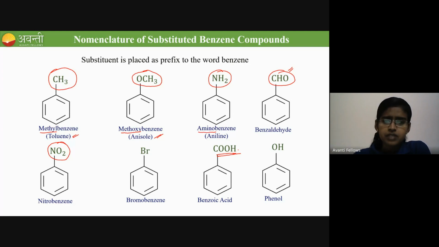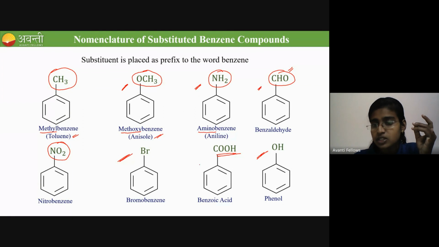Suppose in your class 12, you have the haloalkanes and haloarenes lesson. In that lesson, this particular compound will be discussed. And you have alcohol, phenol, and ether. In the alcohol and phenol lesson, phenol will come, and in ether, this part will come. This anisole is an ether. In the amines lesson, aniline will be discussed. In aldehydes, benzaldehyde will be discussed.